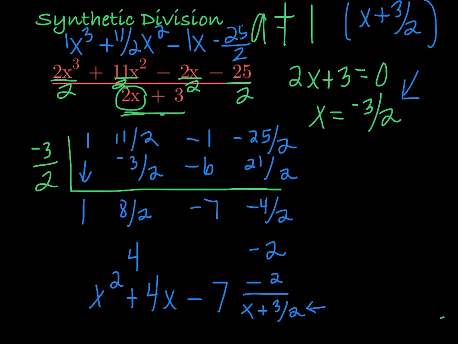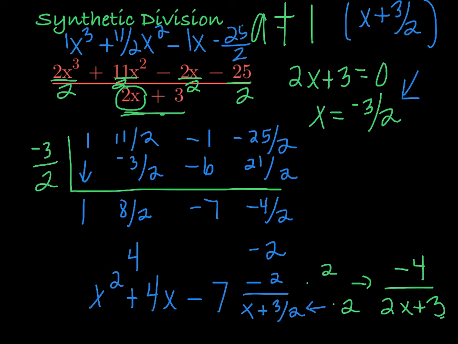Yes, we will. It will change to be 2x plus 3, but the way it changes to be 2x plus 3 is we have to multiply the numerator by 2 and the denominator by 2. So really, the new remainder is going to be negative 4 all over 2x plus 3.